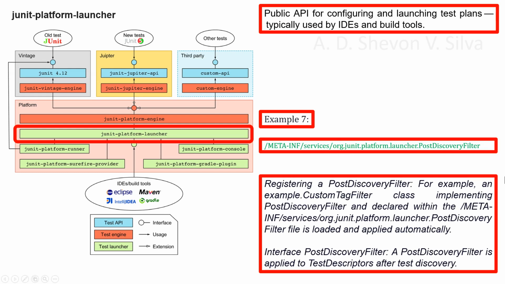Interface PostDiscoveryFilter: a post discovery filter is applied to test descriptors after test discovery. In addition to specifying post discovery filters as part of the launcher discovery request passed to the launcher API, post discovery filter implementations will be discovered at runtime via Java's service loader mechanism and automatically applied by the launcher in addition to those that are part of the request.